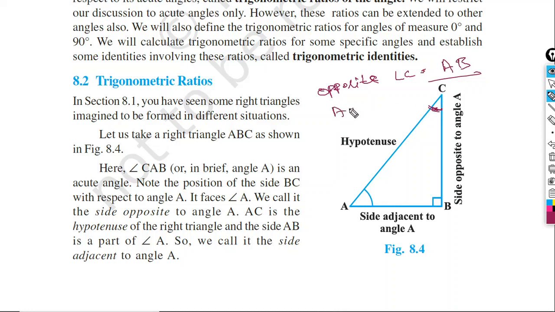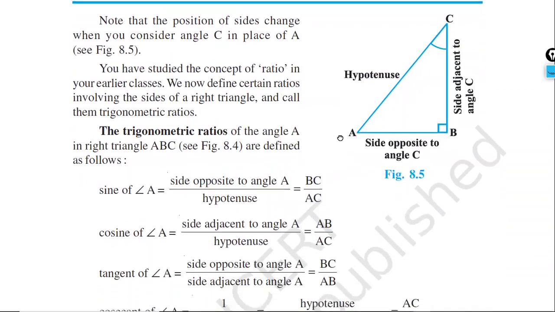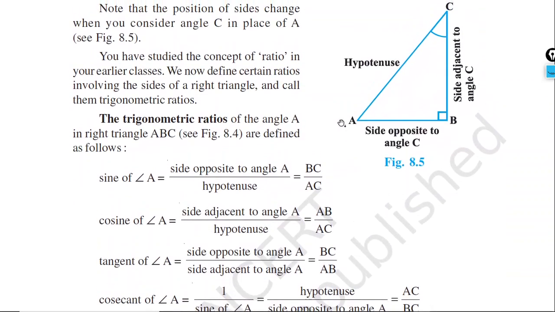Similarly, adjacent of angle C will be BC, and the hypotenuse will remain the same. Okay. Now we will move into some ratios that are completely new for you. So let's see some trigonometric ratios.